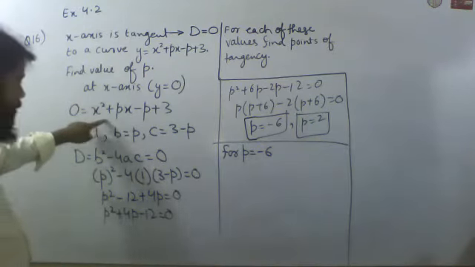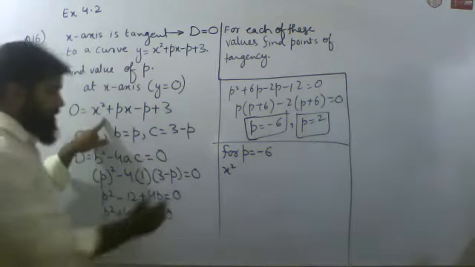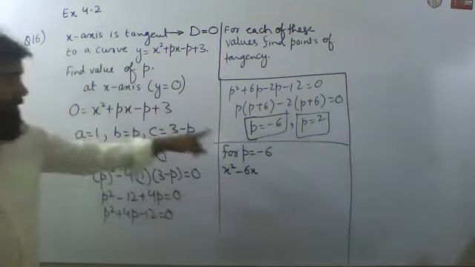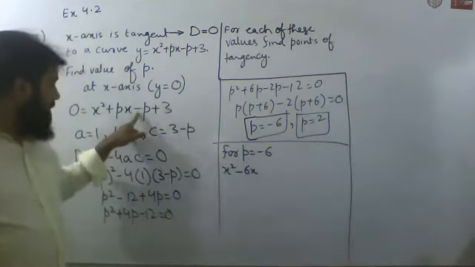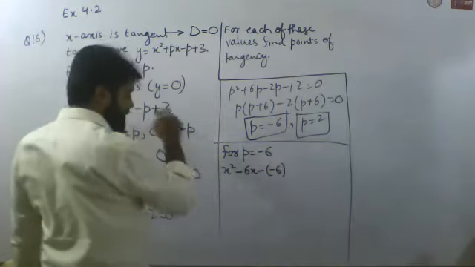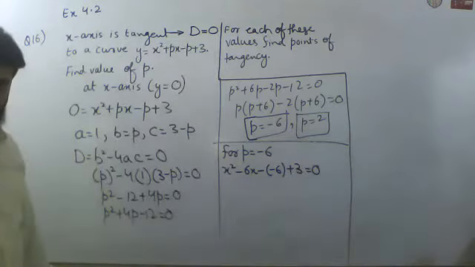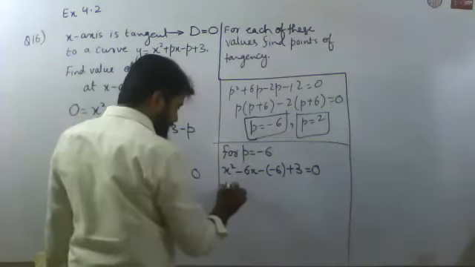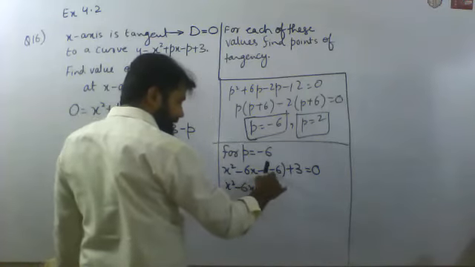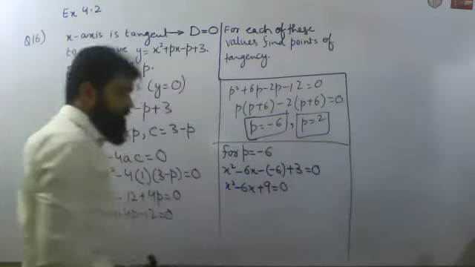Over here, x square, in place of p, it will become minus 6x, minus multiplied by minus 6, minus in place of p again minus 6, plus 3 equals 0. So I'm simplifying it. This will become x square minus 6x, minus minus will become plus, so plus 6 plus 3 will become 9 equals 0.